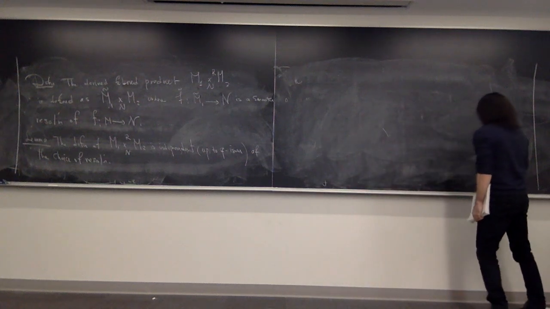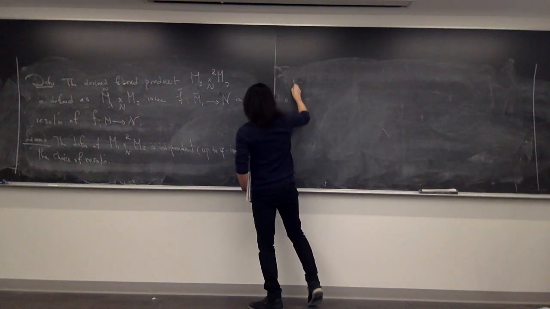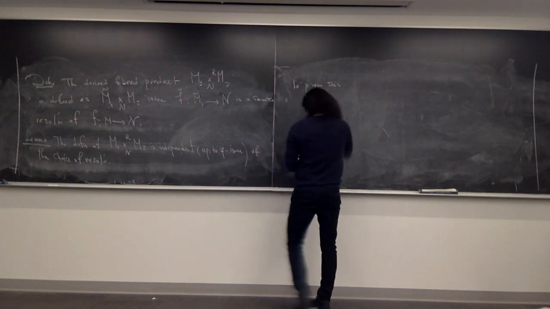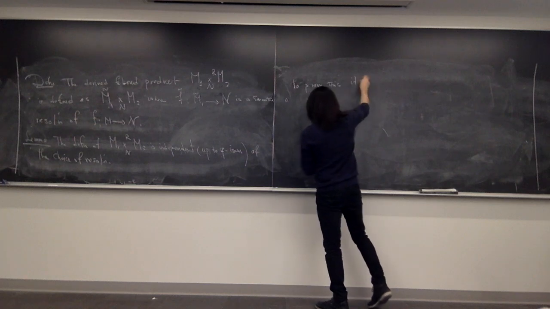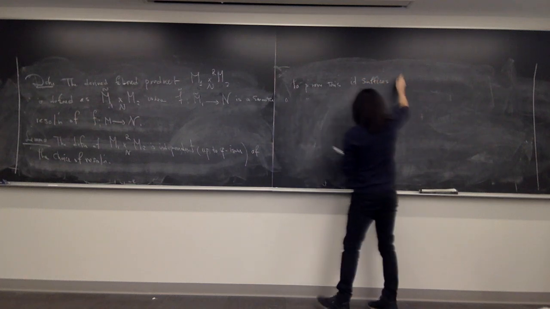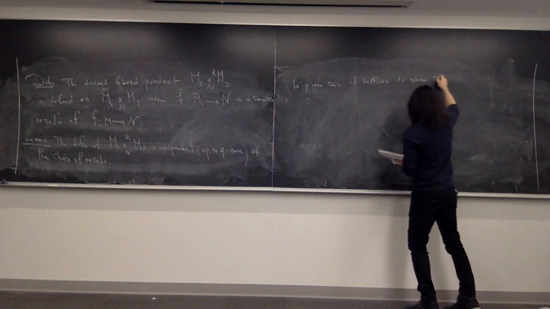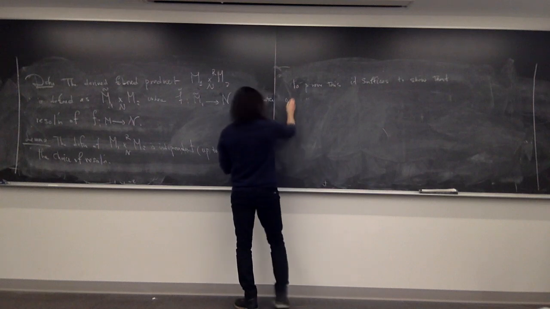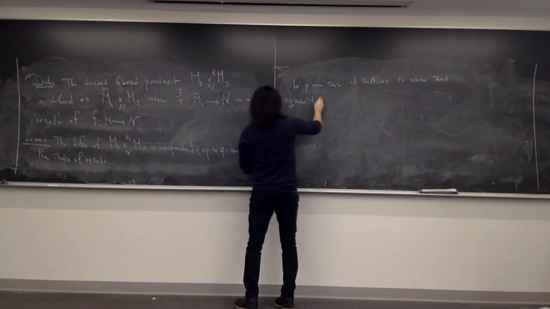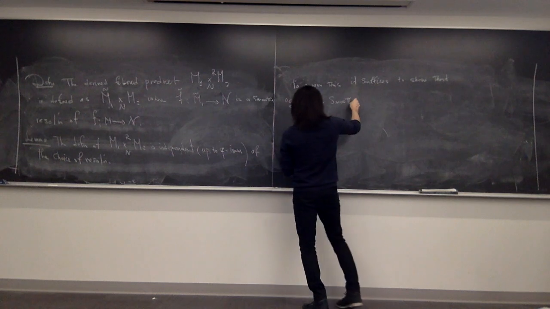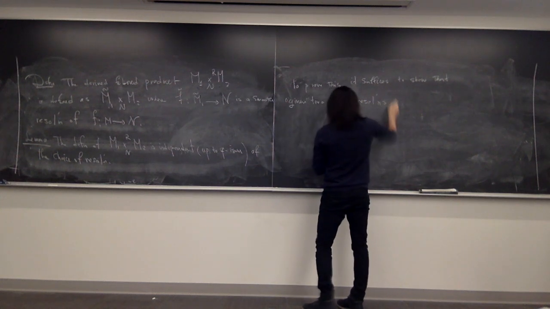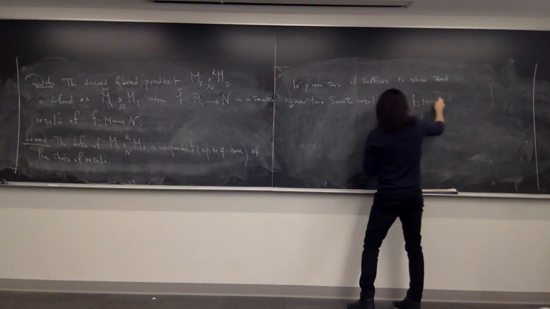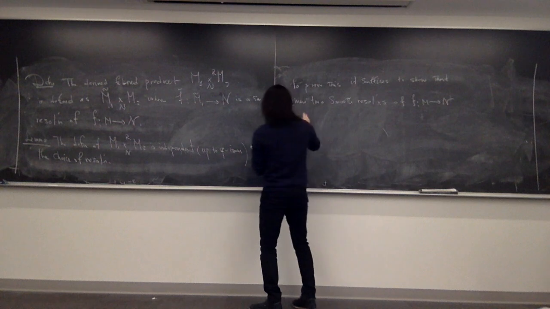So basically, to prove it, it suffices to show that given two smooth resolutions, for instance, of F, let's call them like this.